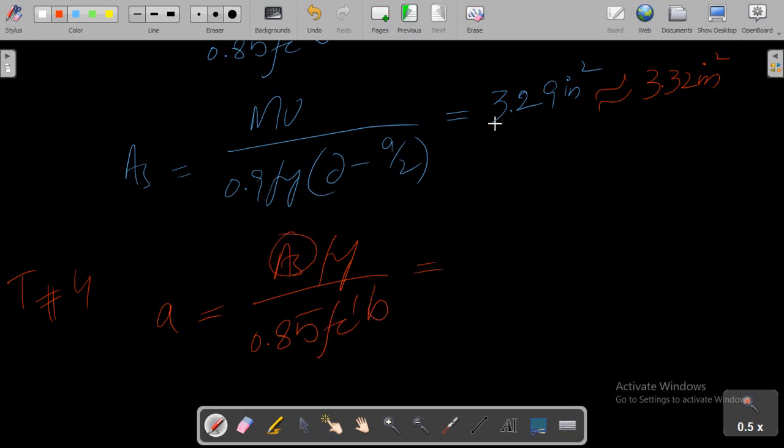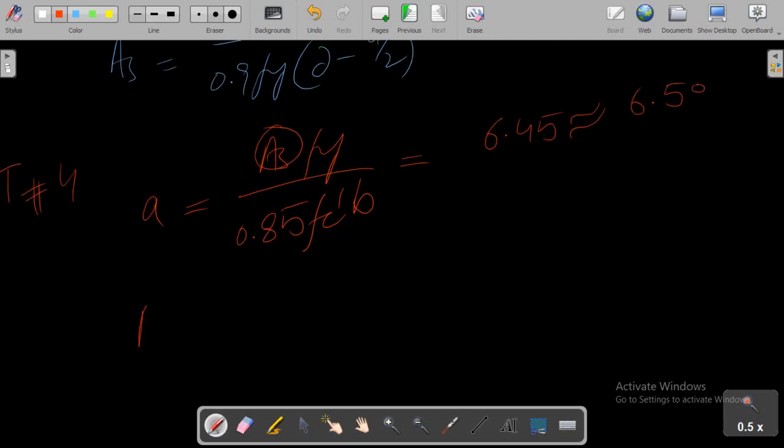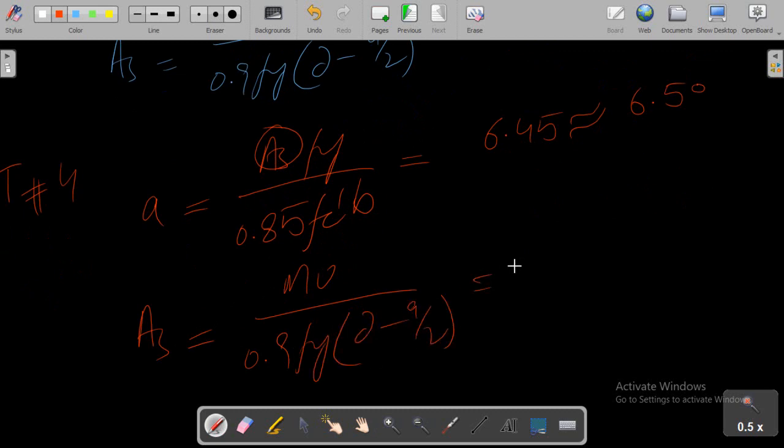This time we plug in this value and we get 6.45. See, this value is closing to the previously calculated value, so the area of steel will be close to the previously calculated value. This time we will use Mu divided by 0.9 Fy into (d minus a over 2), and again you will be surprised that this value is 3.29 square inches.